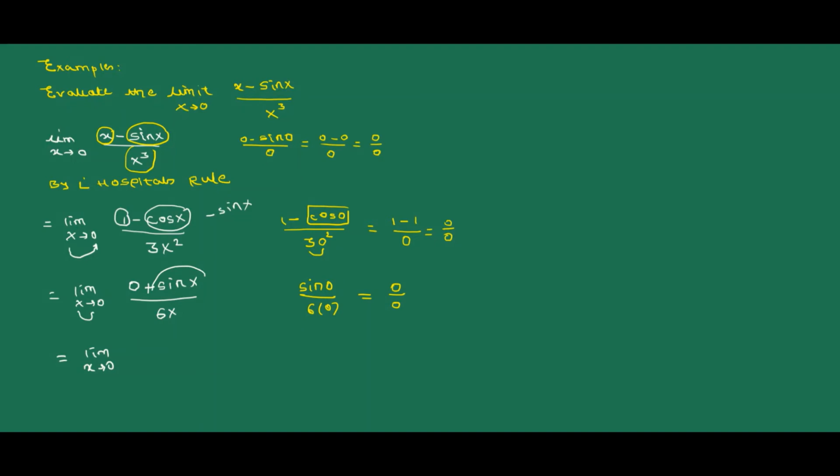The differentiation of sin x is cos x, divided by the differentiation of the denominator 6x, which is 6. Now put x is equal to 0 again. We get cos 0 divided by 6. And what is cos 0? The value is 1, so 1 divided by 6. Here you get a finite value. So on simplifying, you get 1 divided by 6, which is the required solution.